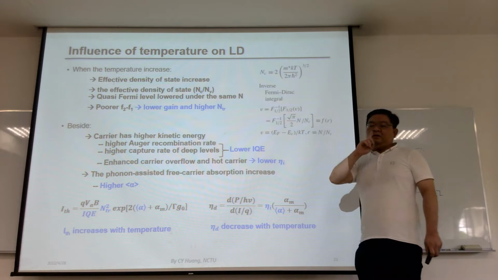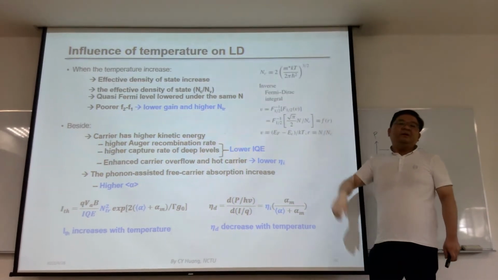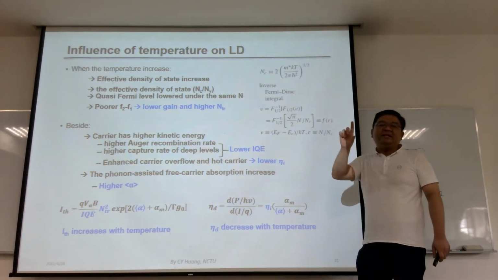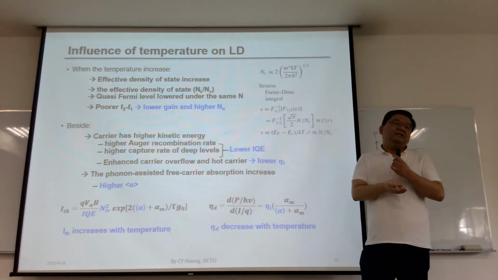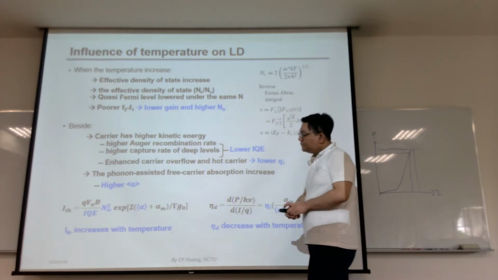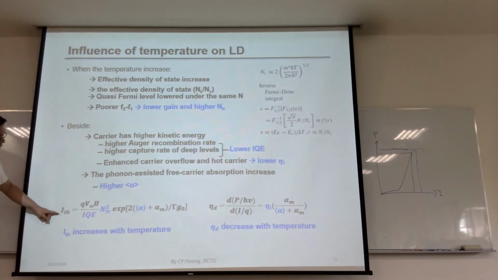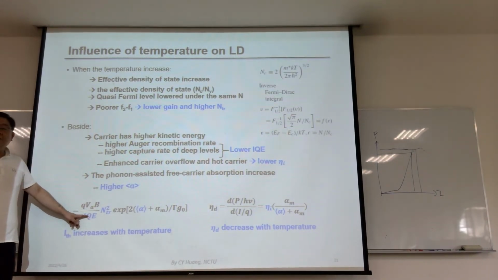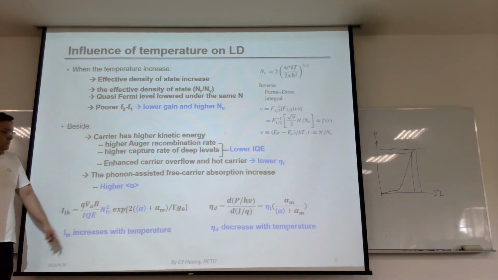So what will happen? The threshold gain also increases. No, the threshold current also increases. Threshold gain is the same, but the threshold carrier density and the threshold current all increase. Okay. So in terms of the ITH, you will see that it will lower your IQE due to higher order recombination.